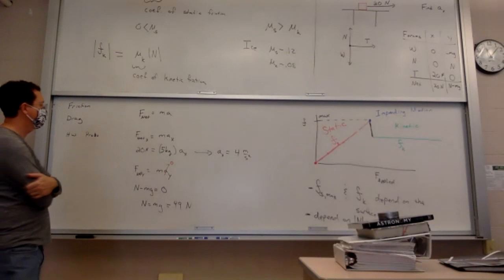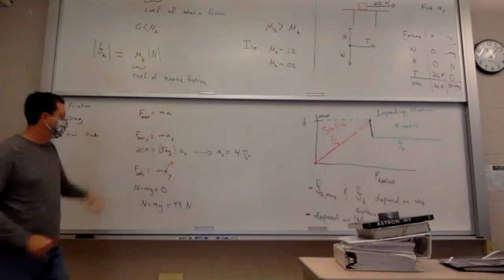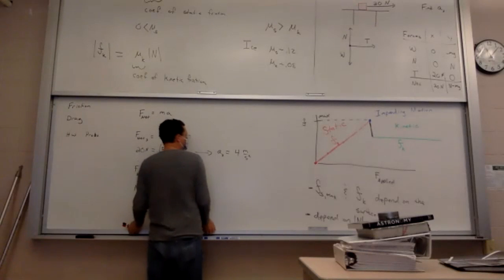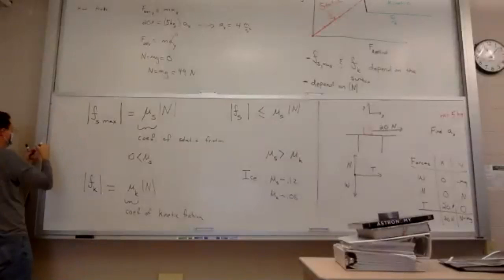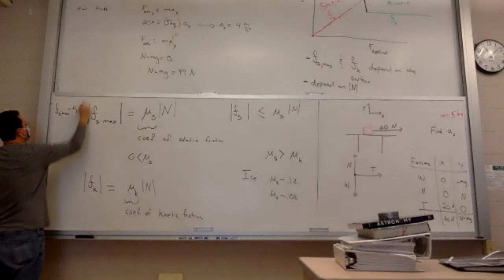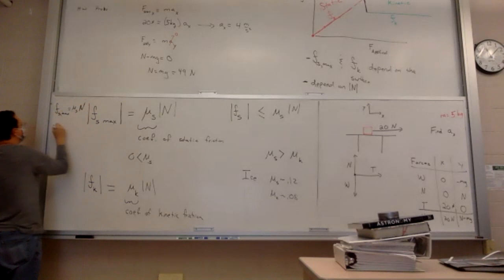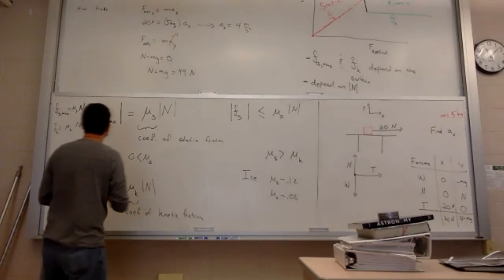Everybody okay with this setup? I'm going to go ahead and write these formulas down up here. F sub s max equals mu s times the normal force, and F sub k equals mu k times the normal force. I'm going to put those on the board.